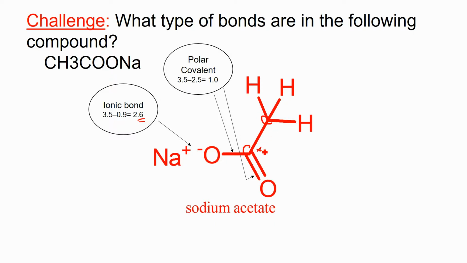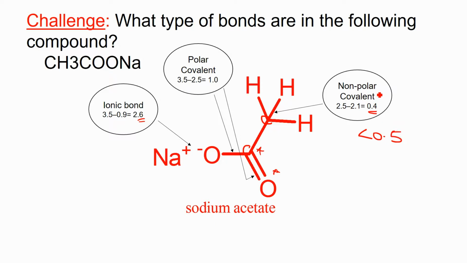Between the carbon and the oxygen, you will find it's going to be 1.0 for both sides: carbon to oxygen single bond, carbon to oxygen double bond. Looking at each of those bonds, including the double bond singly, you're going to find they're polar covalent. And of course, between carbon and hydrogen is 2.5 minus 2.1. The answer is 0.4, which is less than 0.5, so you're looking at a nonpolar covalent bond.